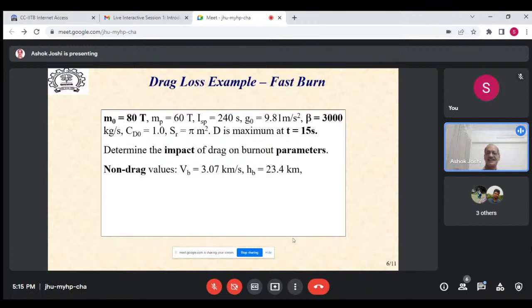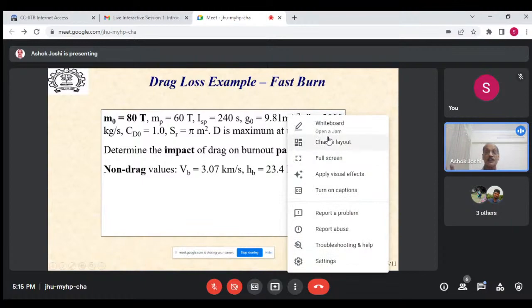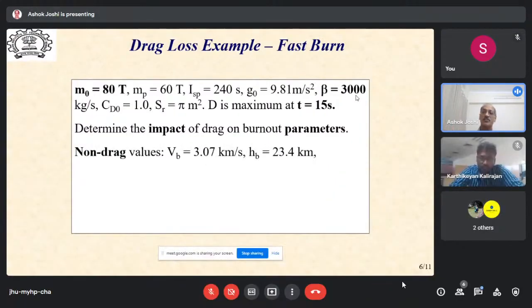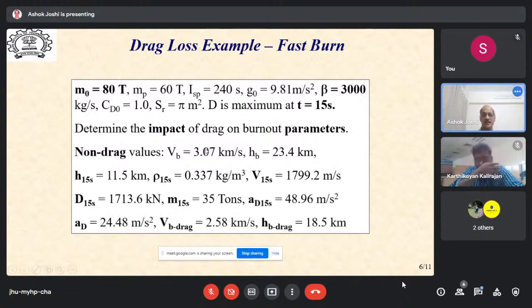There is a connected example of a higher burn rate, just to give you an implication of the impact of the configuration of the launch vehicle on the trajectory. Configuration is in the form of a burn profile or burn rate. And in this case, you can see that the impact is a lot more significant on the velocity as well as on the altitude.